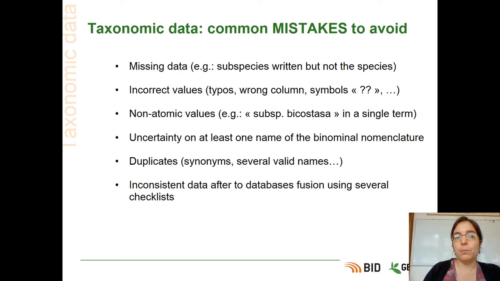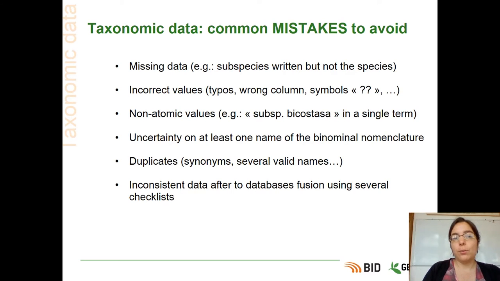So it's best to leave the identification at a higher level than to share an incorrect identification. Then you can also have some duplicates, so that can be synonyms or several valid names for the same species. So here again, you have to check and use only one term, only one name, sorry.